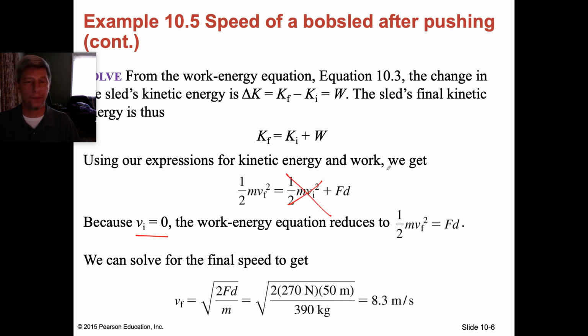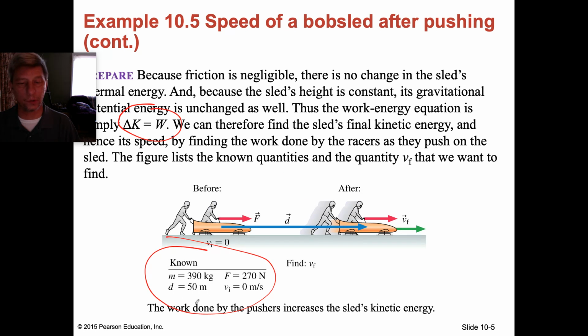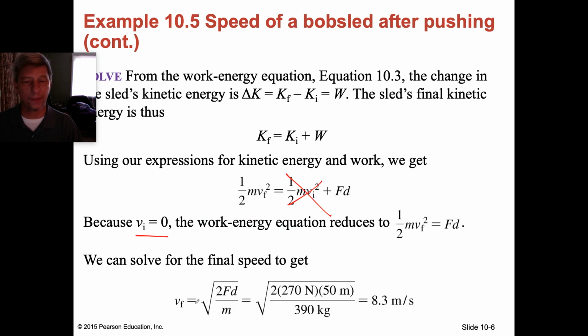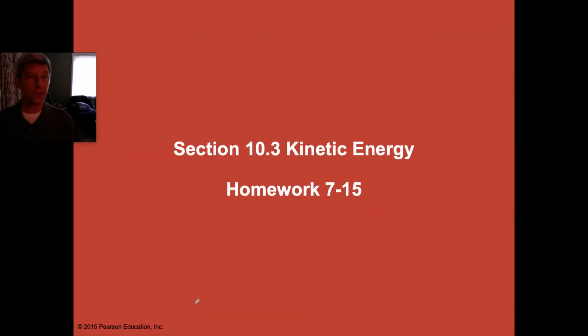And so we're left with 1/2 mv squared equals force times displacement. We rearrange it algebraically, and we get vf equals the square root of 2 times F times D all over m. And if we plug and chug from this point, we get 8.3 meters per second as our answer. So that brings us to the end of this lesson.